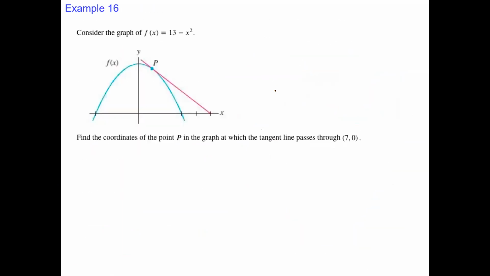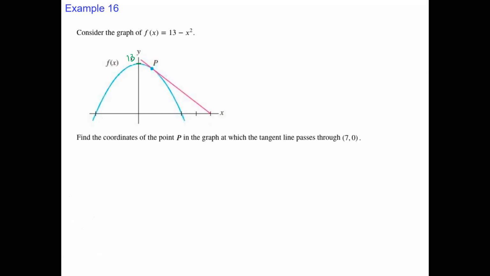Let's solve this question. This one is not really relating to the graph, but it's a nice question. Consider the graph of the parabola 13 minus x squared. It's just the parabola up and down, and the maximum value is 13.